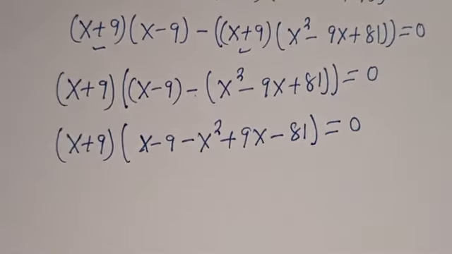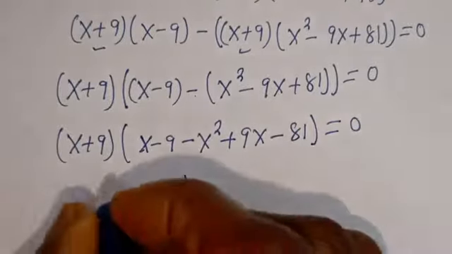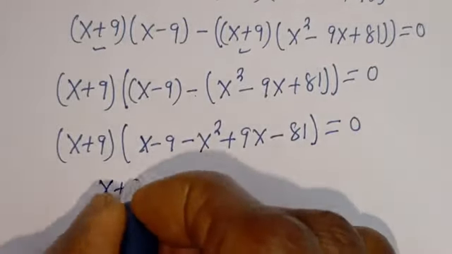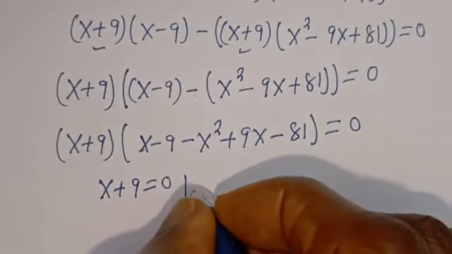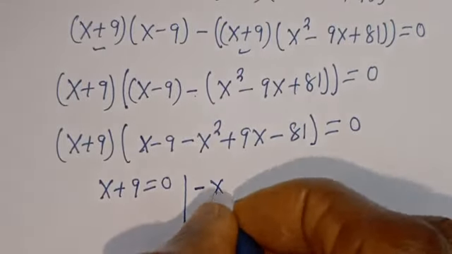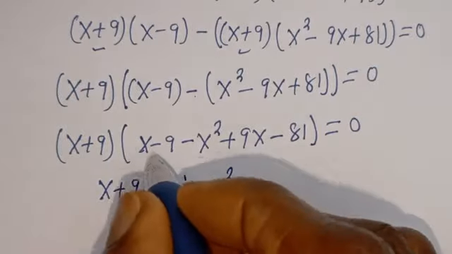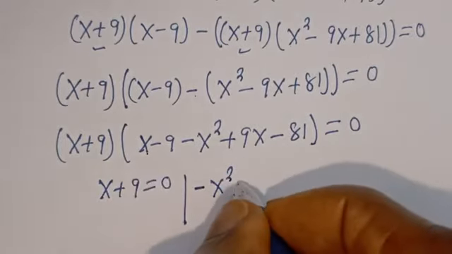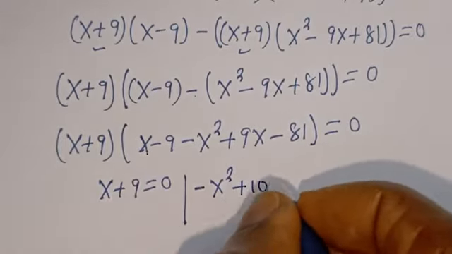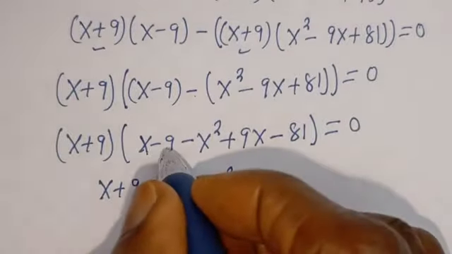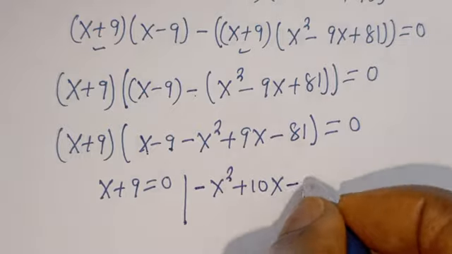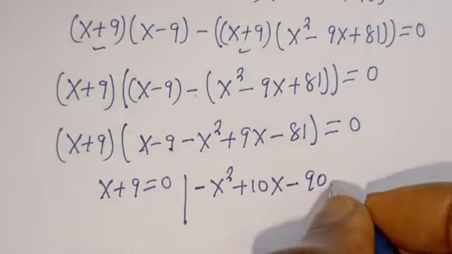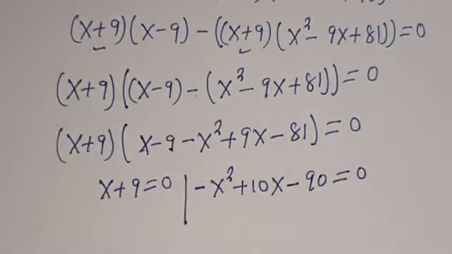There are two cases here. The first case is s plus 9 equal to 0, and the second case is minus s squared, then s plus 9s, that is plus 10s, then minus 9 minus 81, that is minus 90 is equal to 0.